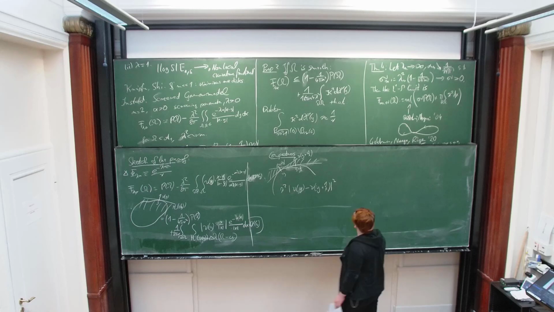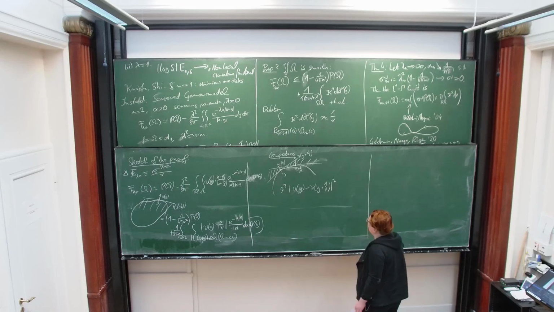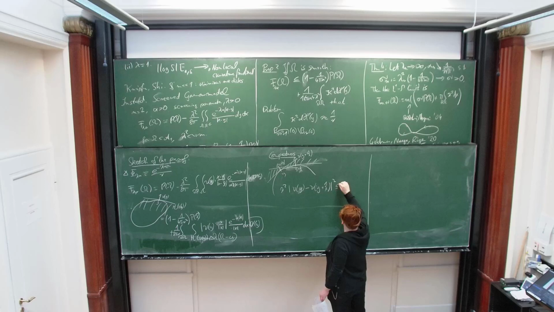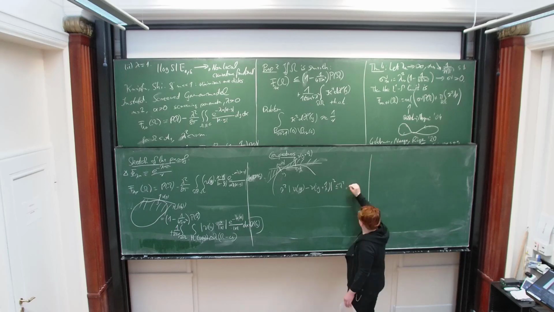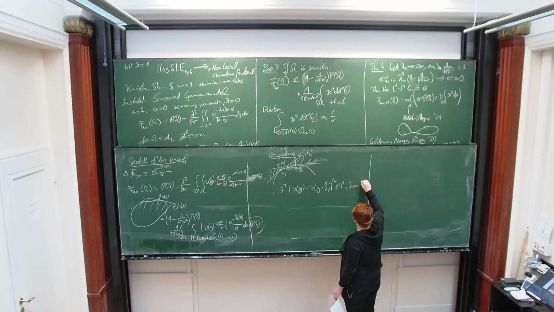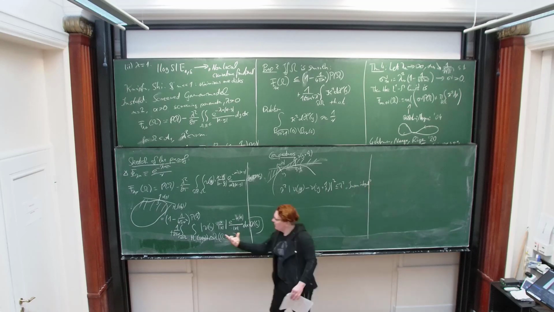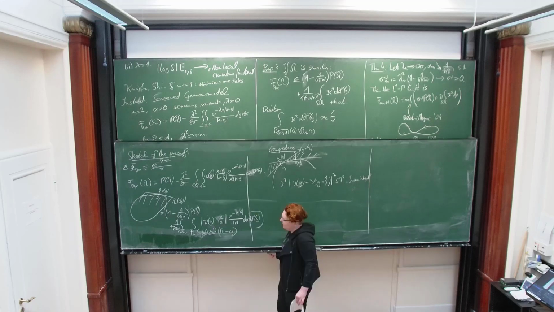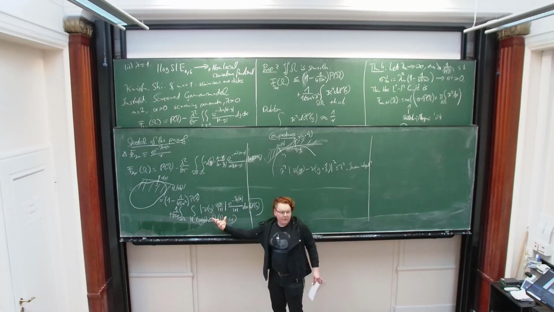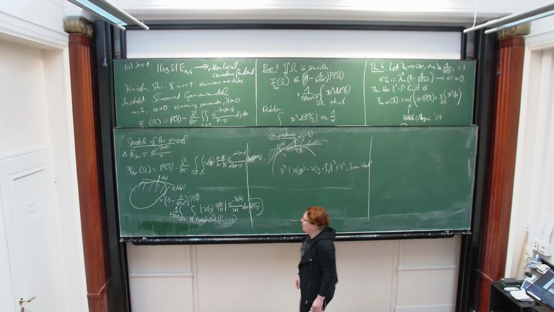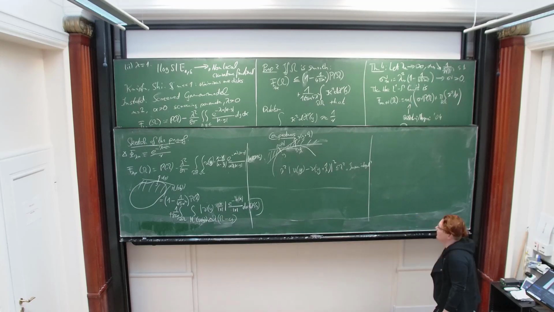This is bounded by lambda squared times what I'm going to call now the inner integral. What I mean is simply the inner integral here, so the expression that compares the set to the half plane.